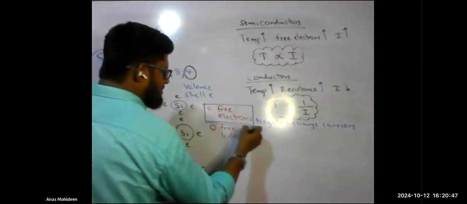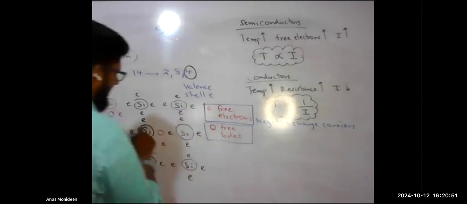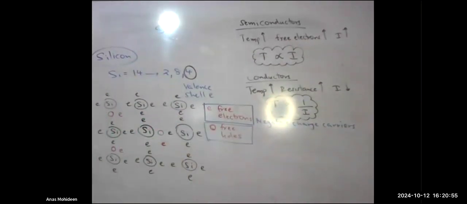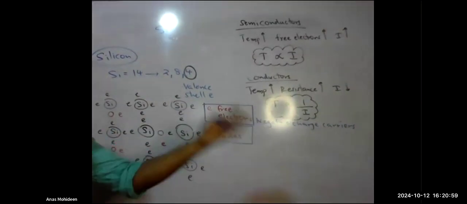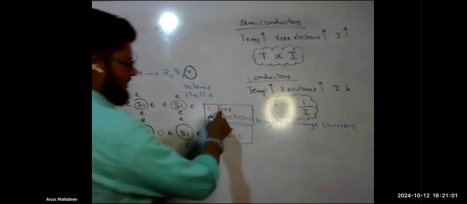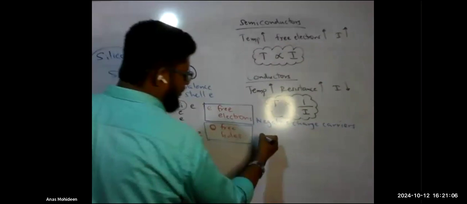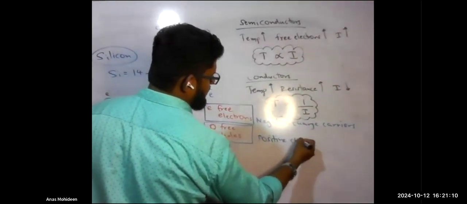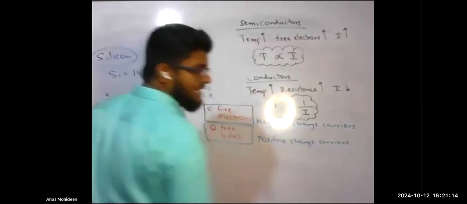And free holes relatively become positive. When the electrons were there at that point, there was no plus or minus charge; it was neutral. Once the electron came out, it becomes plus. Likewise, when the electrons have come out, leaving the space free, the free hole acts as the positive charge carrier.